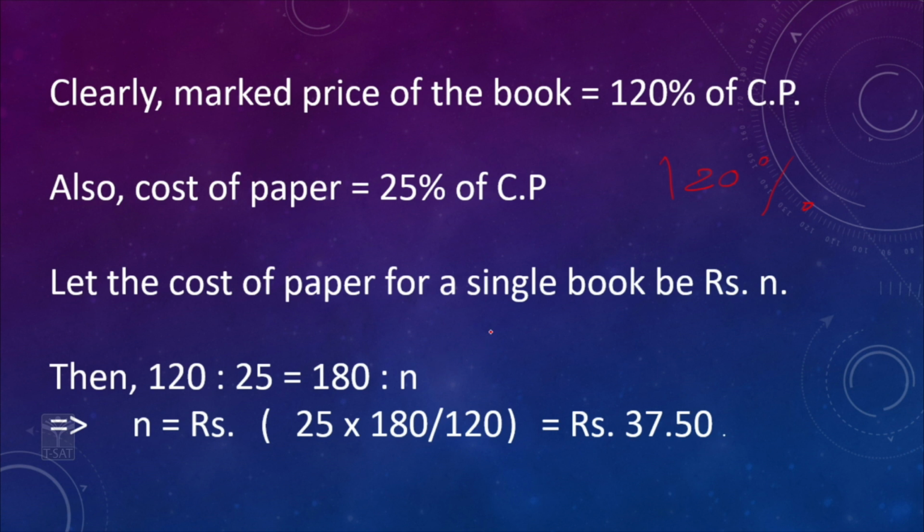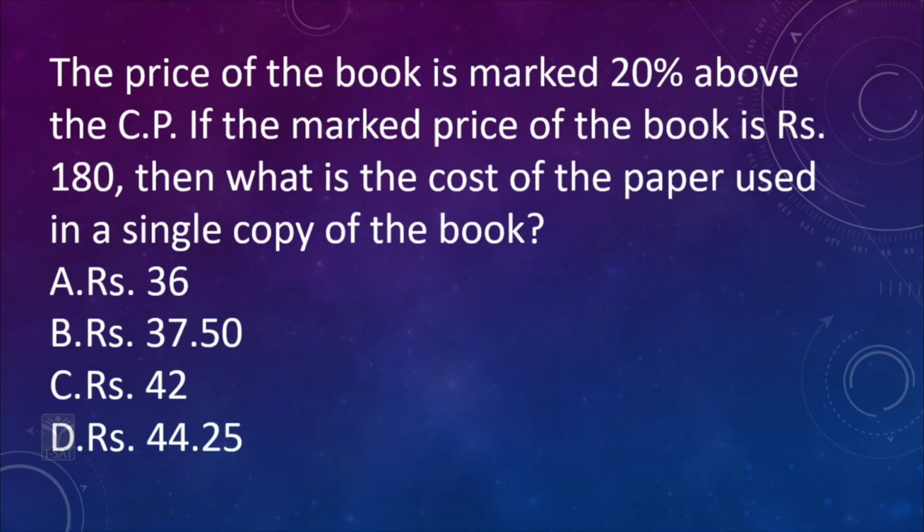So, when you come to this, what is the ratio here? 120% of CP and 25% of the CP, means simply there is a ratio, that is 120 by 25, correct, is equal to. And what is the other given information? If the marked price is 180 rupees, then we have to find the cost of paper used in a single copy of the book.